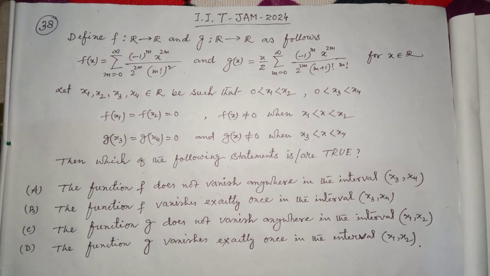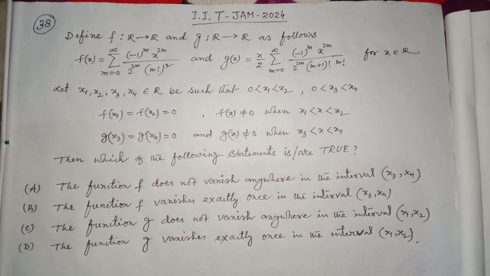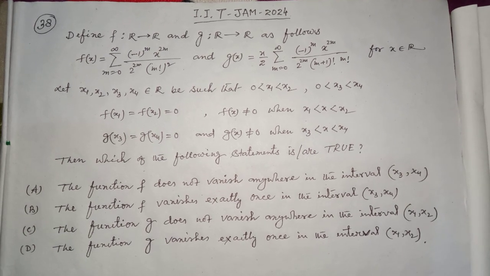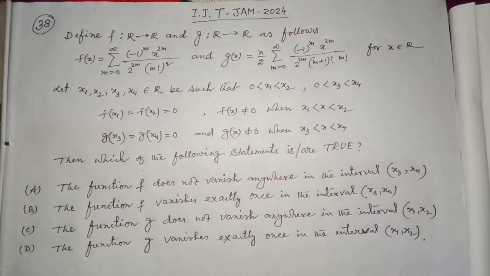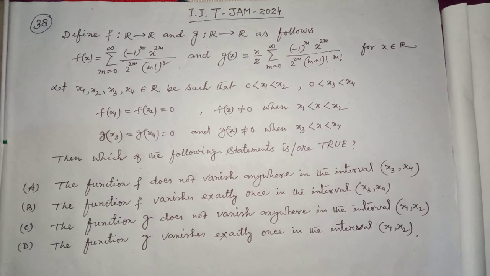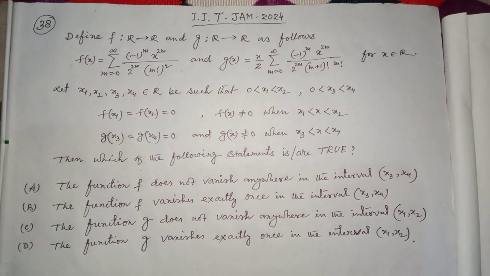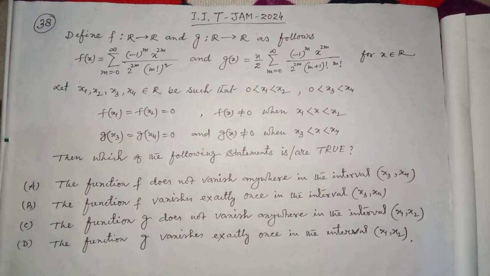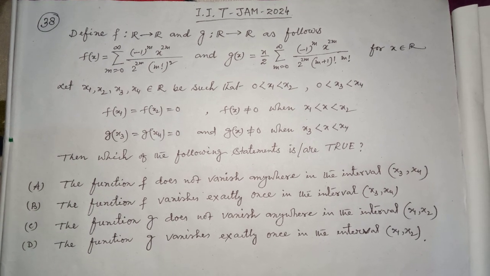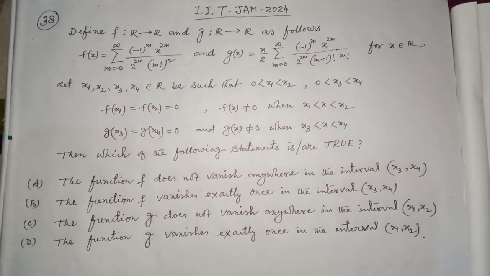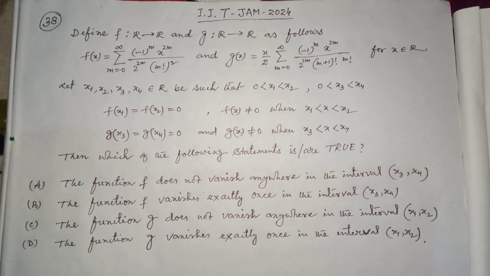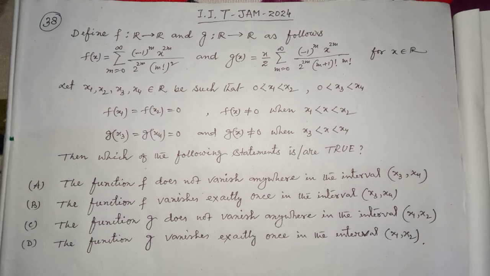The question is: define f: R to R and g: R to R as follows. f(x) is equal to summation m equal to 0 to infinity (-1)^m x^(2m) / (2^(2m) (m!)^2), and g(x) is equal to x/2 times summation m equal to 0 to infinity (-1)^m x^(2m) / (2^(2m) (m+1)! m!), for x belongs to R.